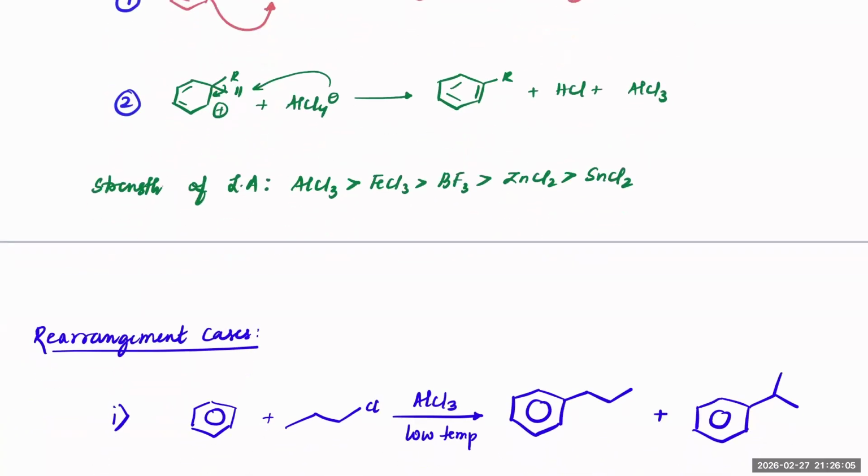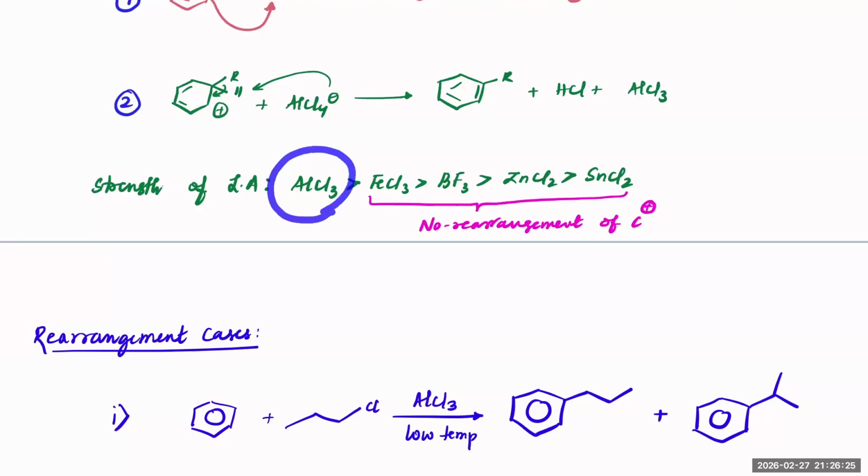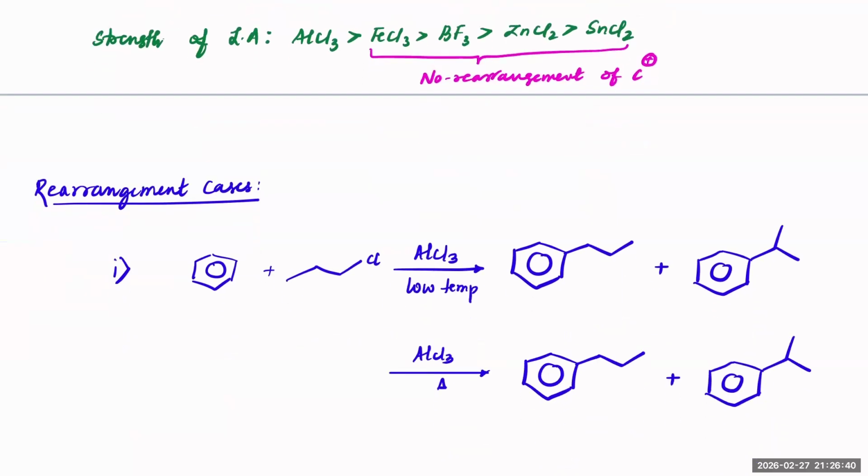Now in all these cases, I would want you to remember that in this case no rearrangement of carbocation takes place. But AlCl3, being a strong Lewis acid, can remove the halogen quickly and produce a carbocation. And once you get a carbocation, rearrangement will definitely happen. That's the idea behind AlCl3.